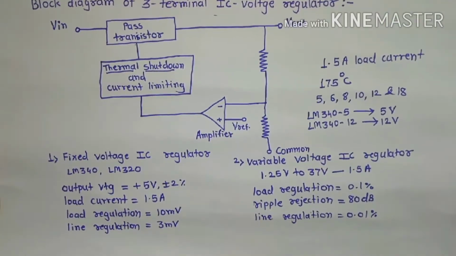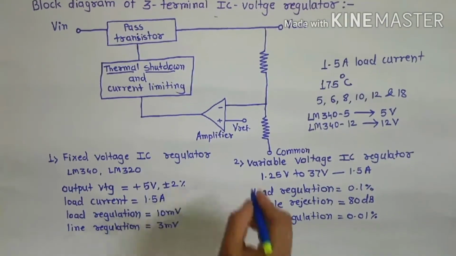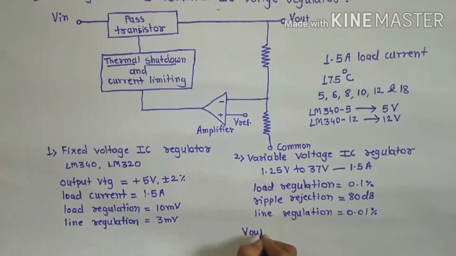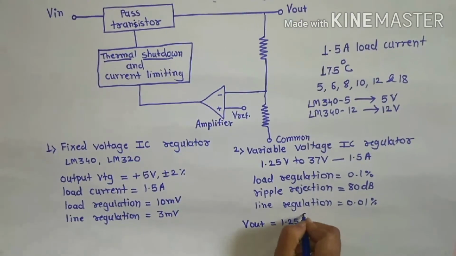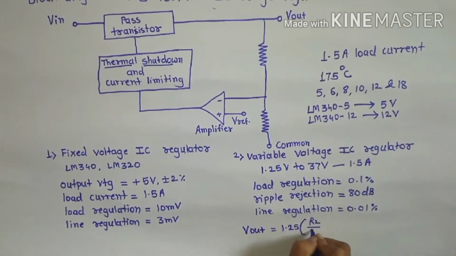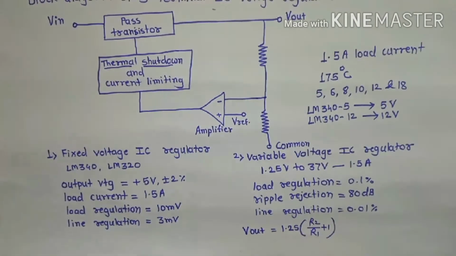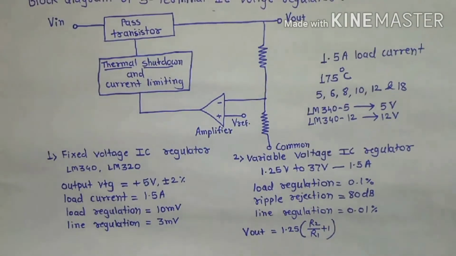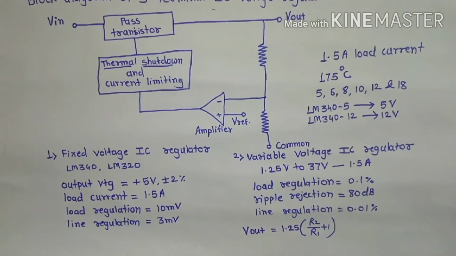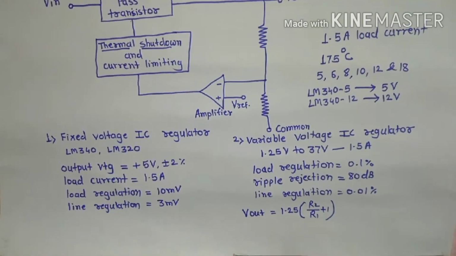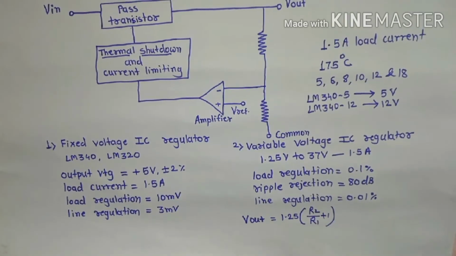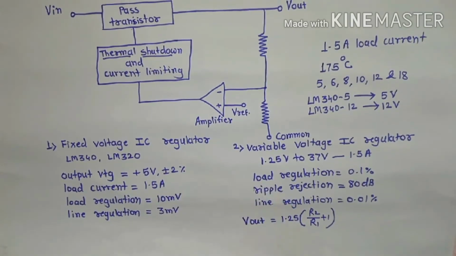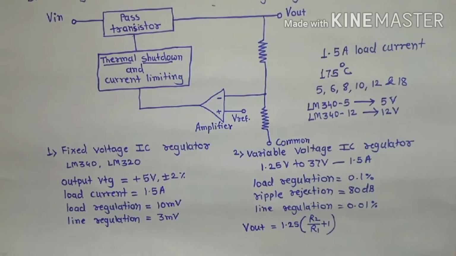These are the specifications of the variable voltage regulator. The output voltage is given by 1.25 into (R2 divided by R1 plus 1), where R2 is the variable resistor, which can be adjusted. Output voltage is given by 1.25 into (R2 divided by R1 plus 1).